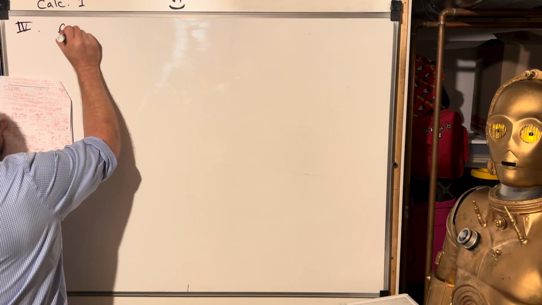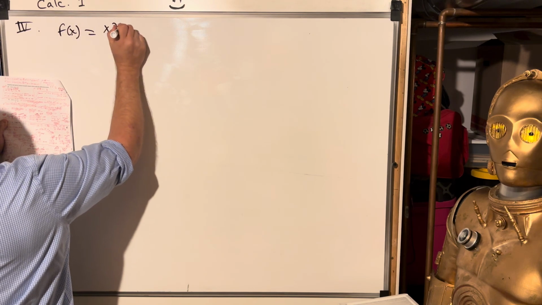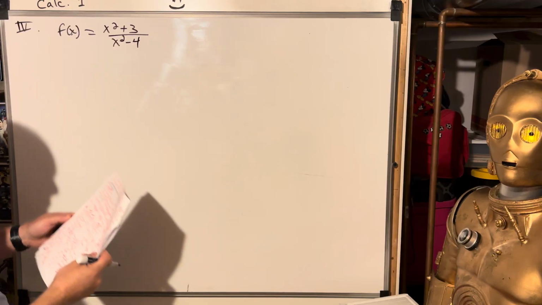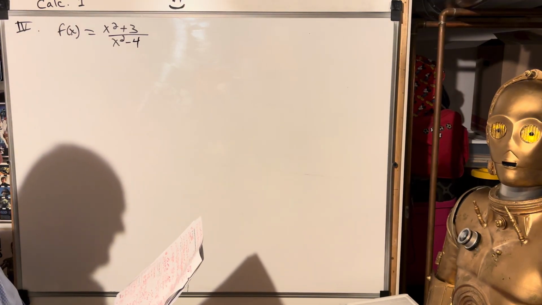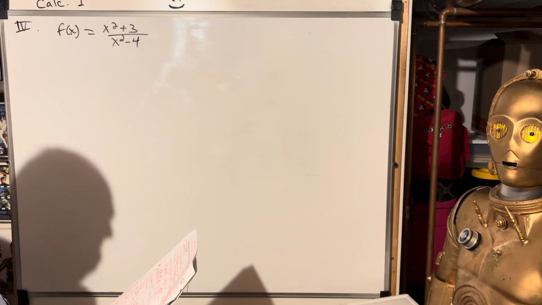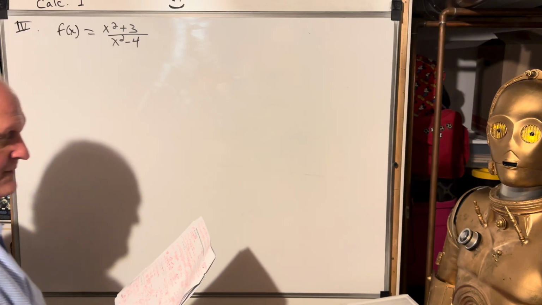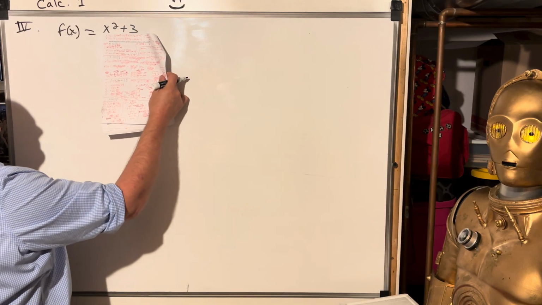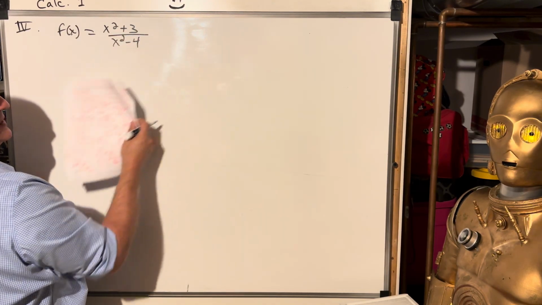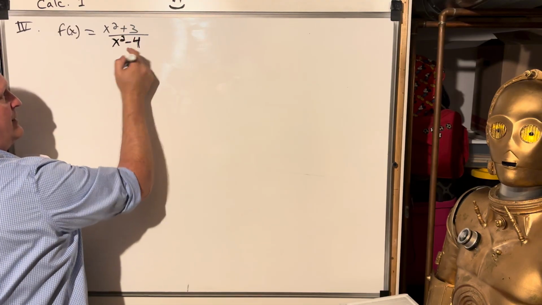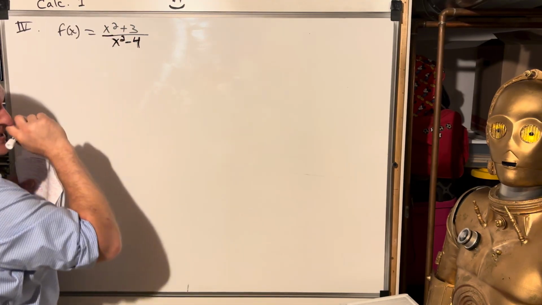So f of x is equal to x squared plus 3 over x squared minus 4. And we could look at the domain. If it was just x squared plus 3, it would be all real numbers, no problem. But because there's a denominator with a variable in it, we're worried about zeros in the bottom, which crashes it, right?